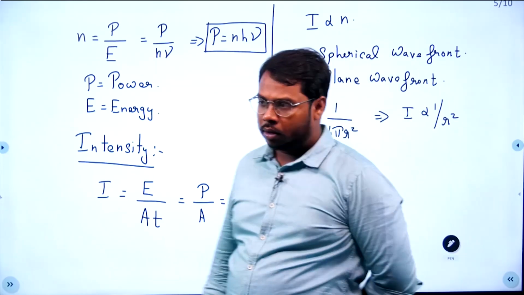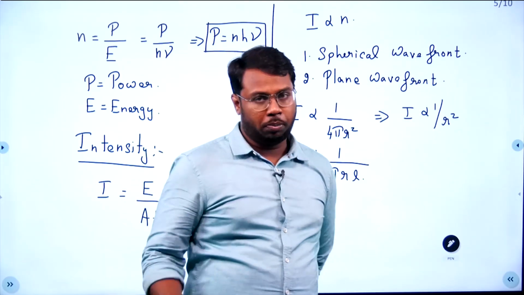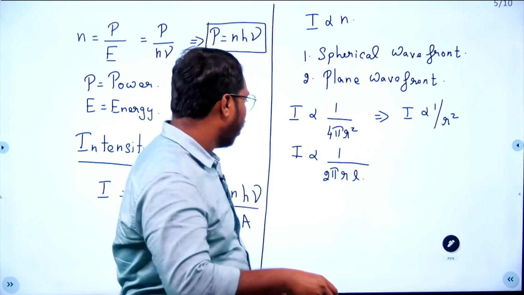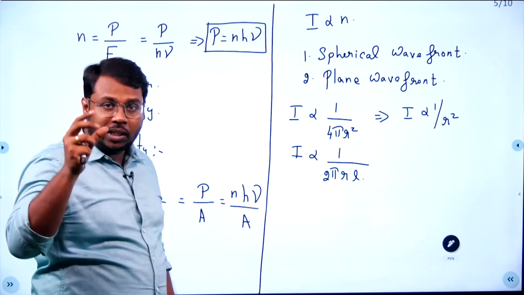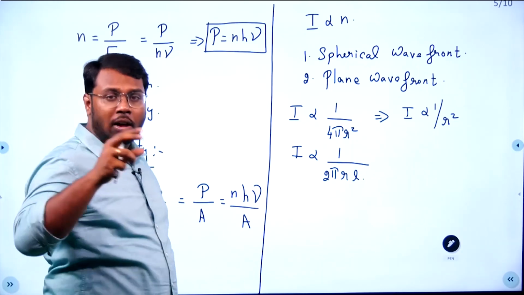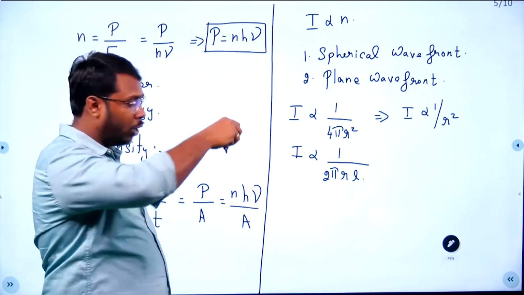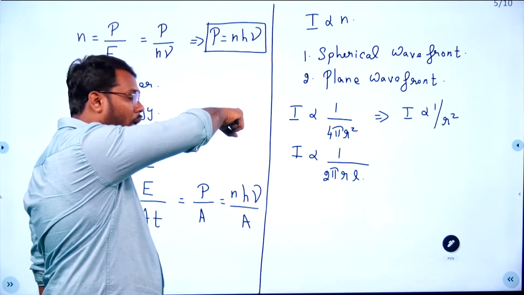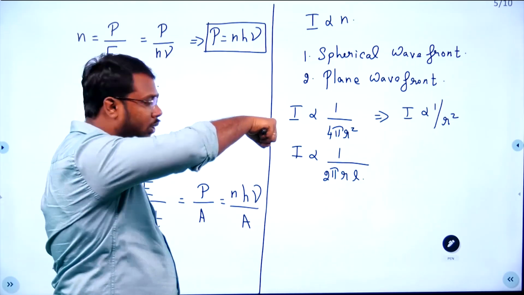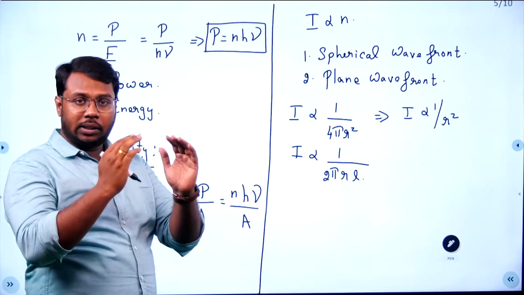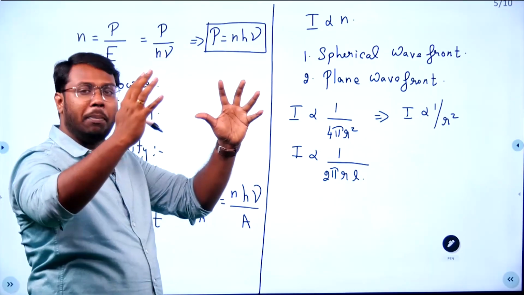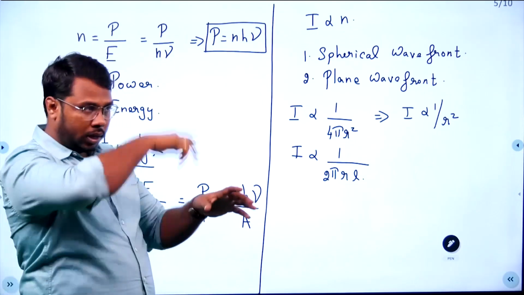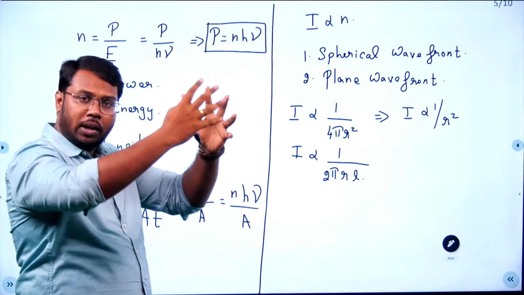You know what? I will tell you an experiment. If you flash your torch light close to your wall, you will see one bright circle on your wall. But when you move your torch light away, the circle that falls on the wall gets bigger and bigger.